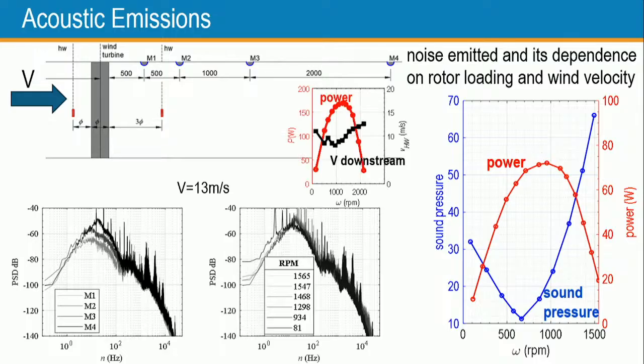In this case, similarly to what we obtained regarding the wind velocity recorded downstream of the Savonius rotor, the pressure levels seem to decrease on increasing the produced power, and also in this case, these maximum and minimum values are not perfectly aligned, but on decreasing the produced power, the sound pressure seems to increase.